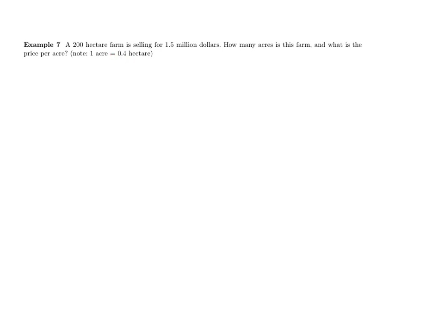So to start with here, we have 200 hectares. If we want to convert this into acres, I want acres in the numerator and hectares in the denominator. The number should be for every 1 acre, there are 4/10 of a hectare.